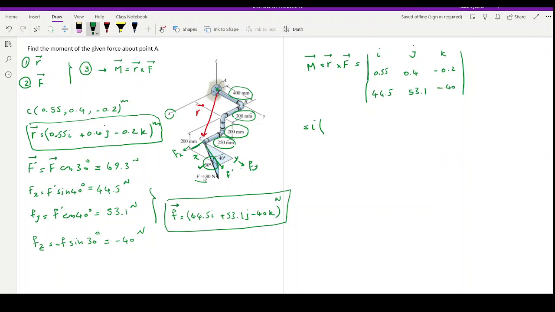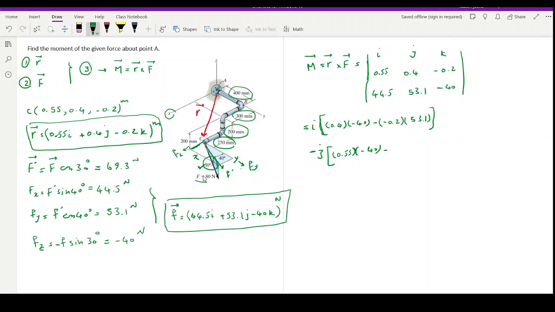So i times 0.4 times negative 40 minus negative 0.2 times 53.1. Again, don't forget this negative in here, negative j times 0.55 times negative 40.